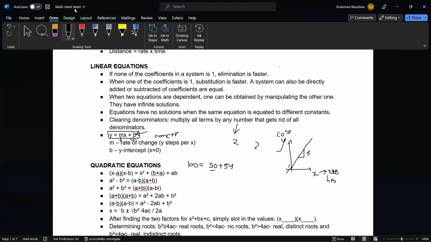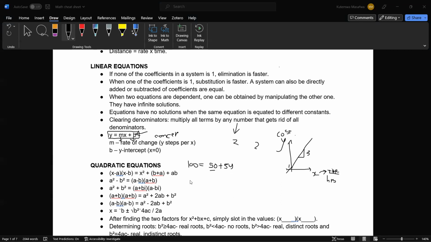Give me a second to plug it in. Okay. Sorry about that. My battery was about to die.